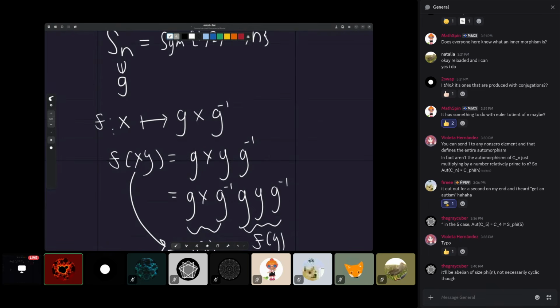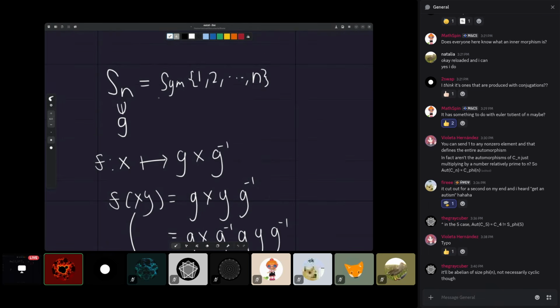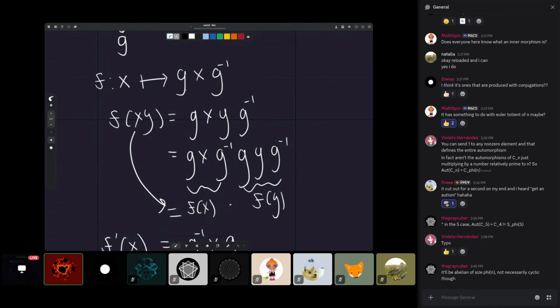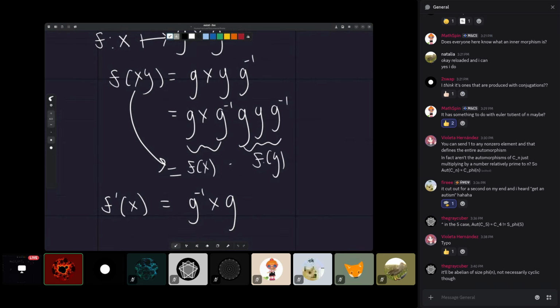To check it's an automorphism of Sn, you've just got to check it's invertible. That's easy enough, because conjugation the other way around is an inverse. I'll call it f prime, and define it to be g inverse x g. It's the same as the definition of f, but we swapped where the inverse is on the g's.